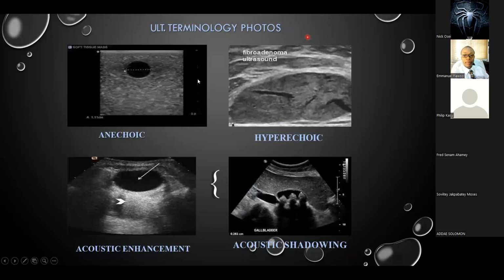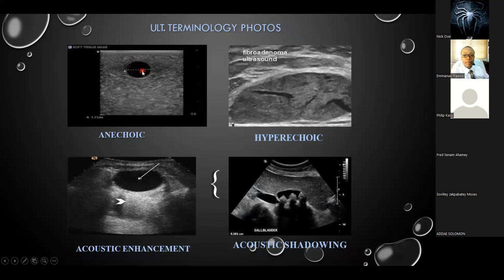Now, the top left. Can you see the top left here? This is how anechoic looks. There's no feedback at all. There's nothing here that reflects any sound waves. So it is completely black. So anechoic means anechoic.